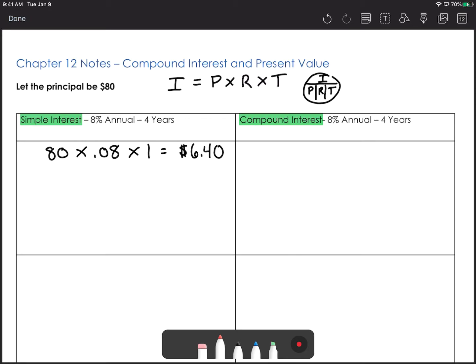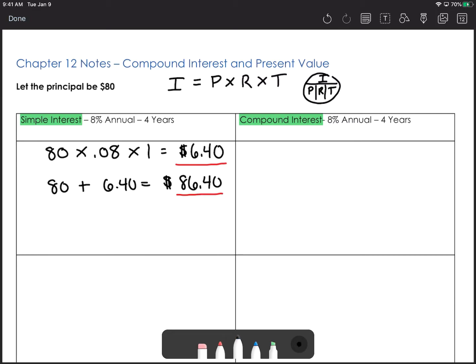So this is the interest earned over the first year. Now, if I want to see the total amount that's in the account, I would take the principal plus the interest, and I would get $86.40. So this would be the total amount in the account.